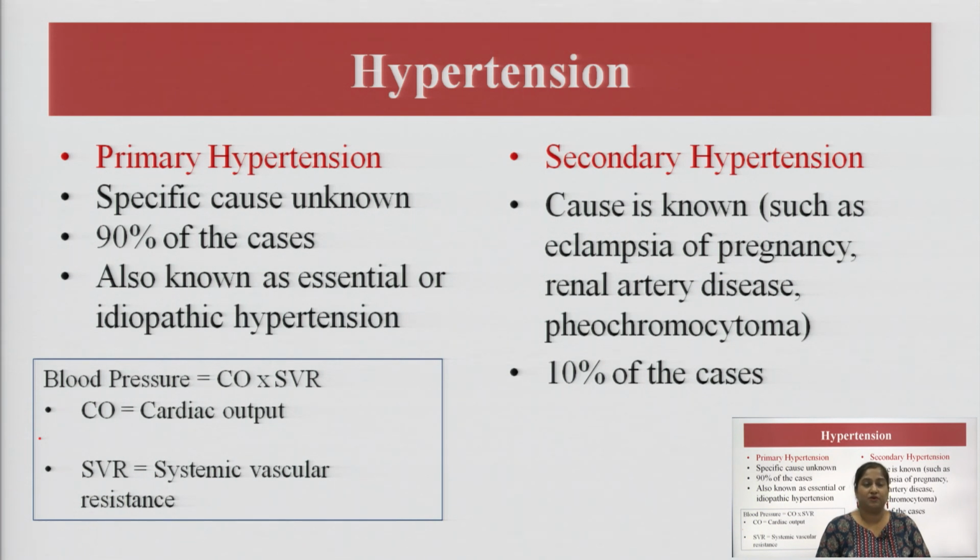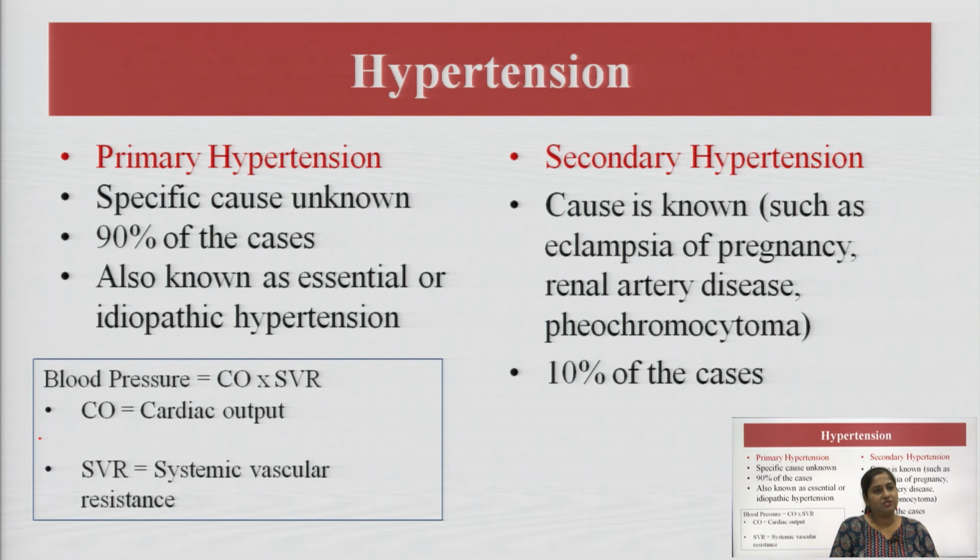Before pregnancy she did not have any such condition, but with the pregnancy she developed hypertension. So, this will be considered secondary hypertension, and certain more reasons are there, that is renal artery diseases or pheochromocytoma. That means there are two types of hypertension, first primary hypertension and second secondary hypertension.